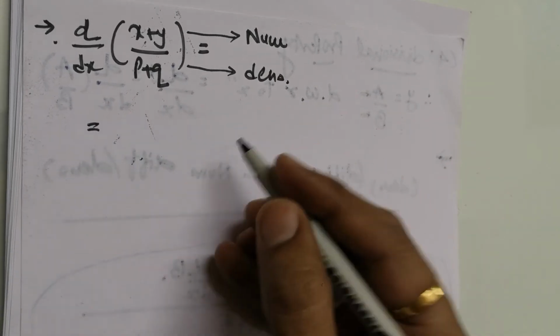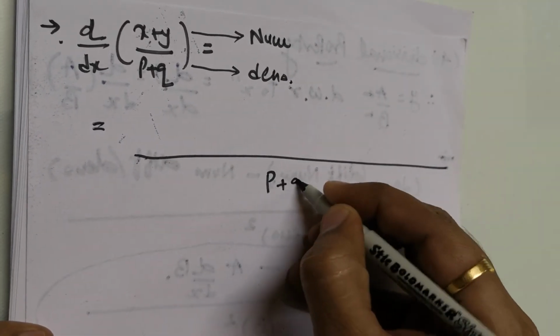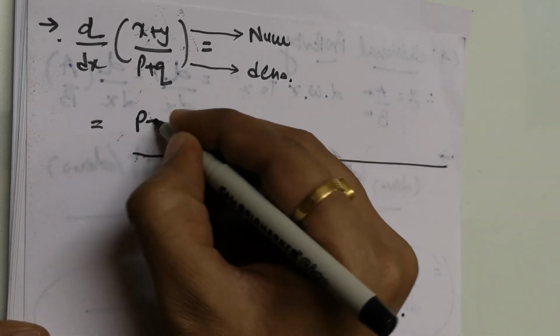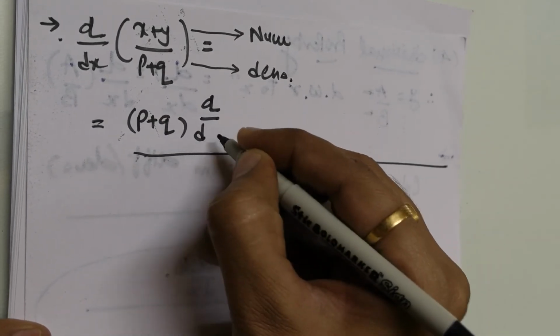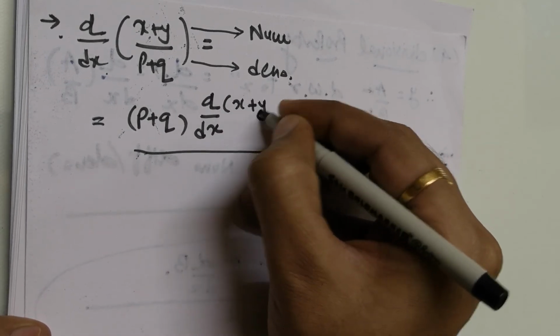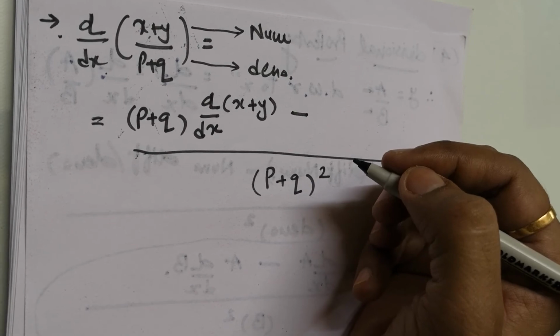Now as per our rule, the denominator is squared, so that is p plus q whole square. Denominator is outside, so p plus q is outside. Then the differentiation of the numerator, so differentiation with respect to x of x plus y. Minus is compulsory.